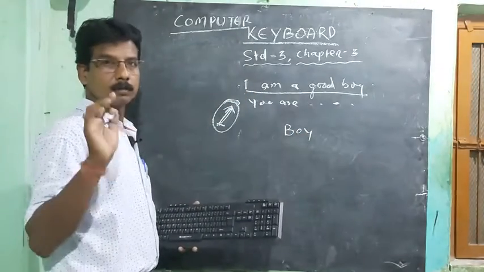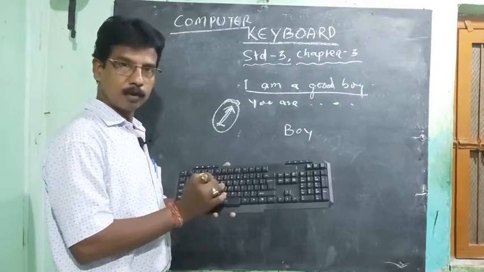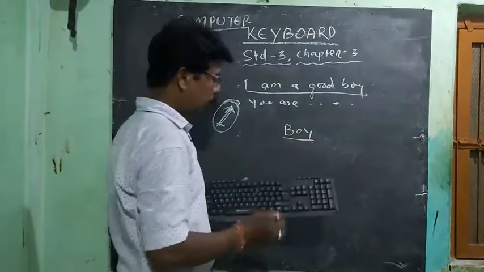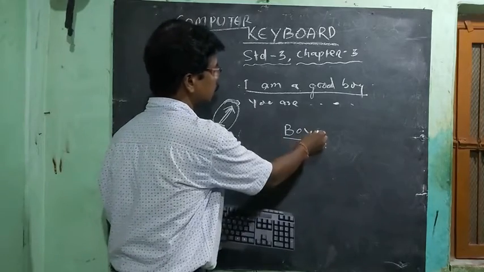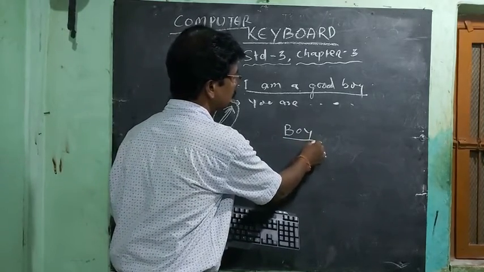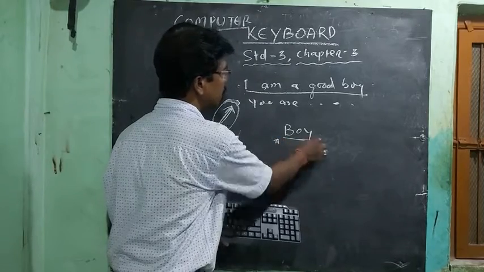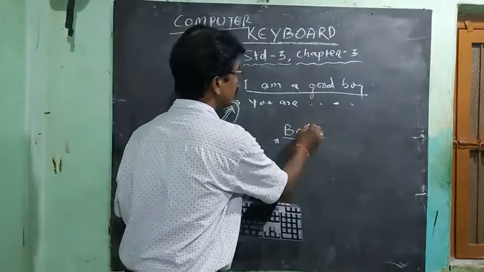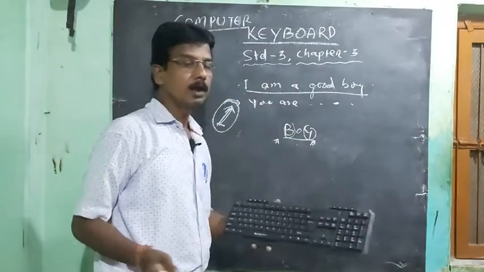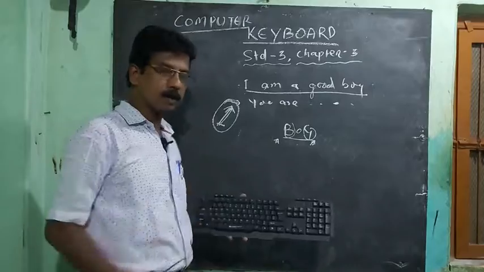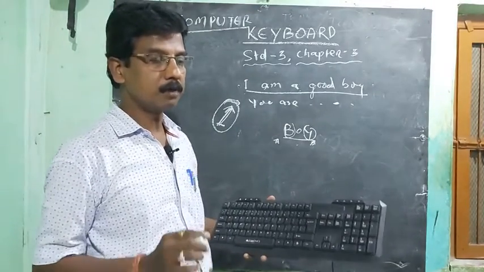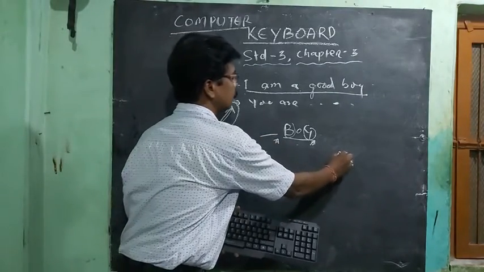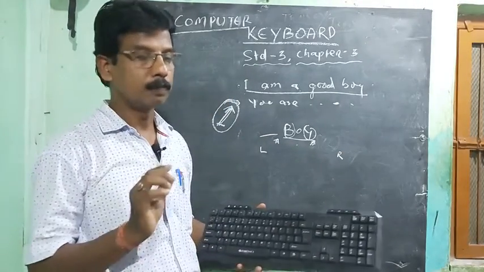When you type this word on the keyboard and use the backspace, the cursor is here. Then when you press backspace, the Y or B can be removed. Backspace removes a character on the left side.